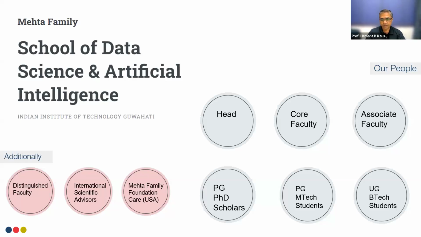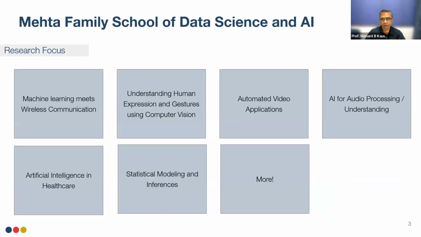The school also offers the postgraduate MTech admission in the data science and artificial intelligence field. Also, the PhD scholars are working in the school on different domains. One point I would like to highlight here, that this is a degree program fully online, where every lecture, every course will be taught by the faculty members and only faculty members of IIT Guwahati, which is unique in that sense.